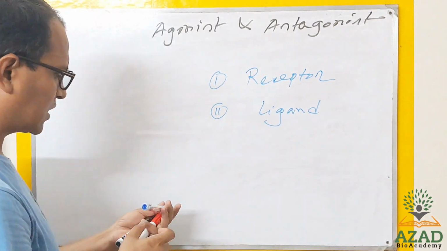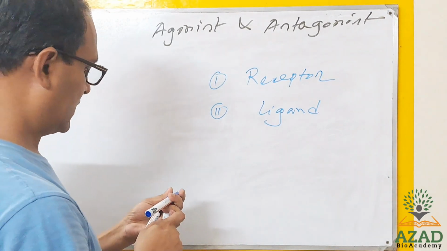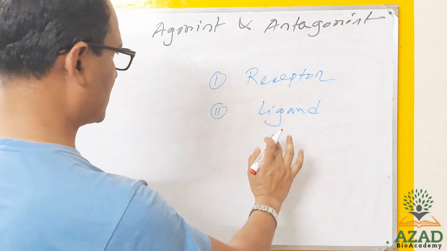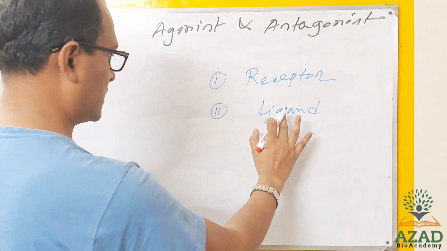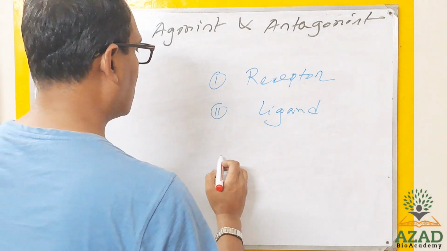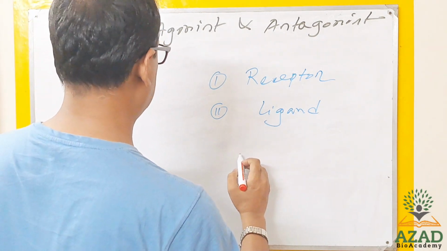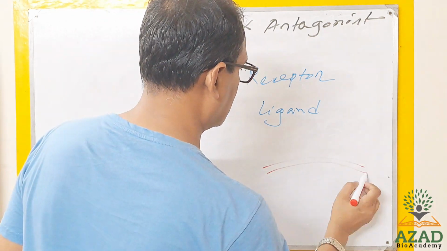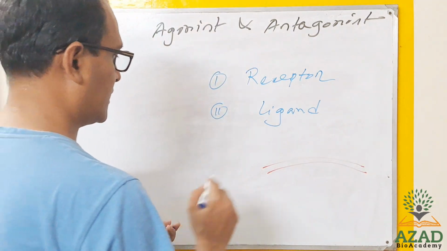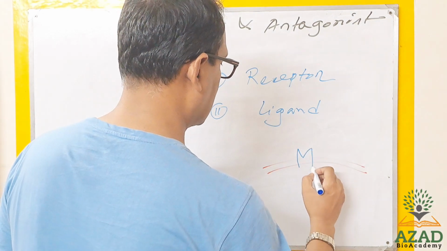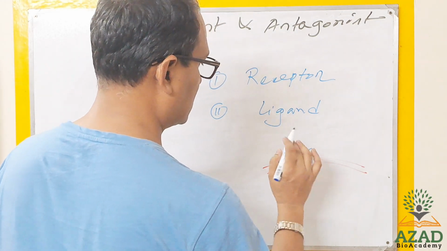Okay, so I will give you a brief discussion on receptor and ligand through a figure. Here you can consider this as a membrane, and this as a receptor.